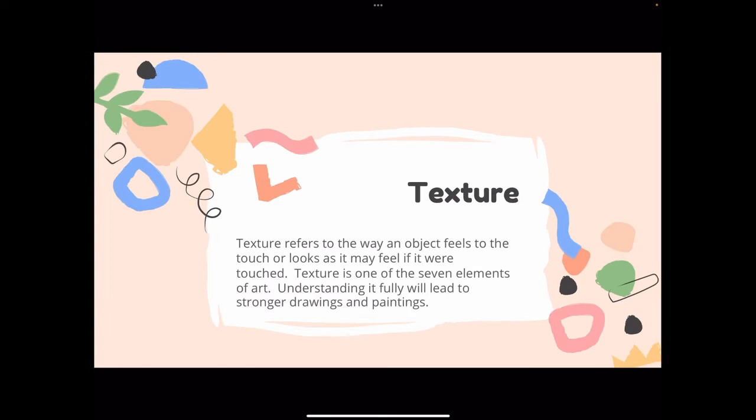So basically, texture refers to the way an object feels to the touch or looks. So we have to use our hands to describe a texture or using our eyes. These are the two important things we have to focus on. Using our hands is to feel the objects, to feel the items, and describing them.